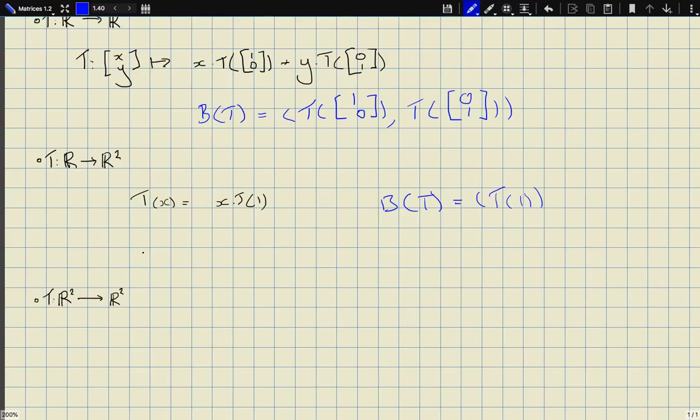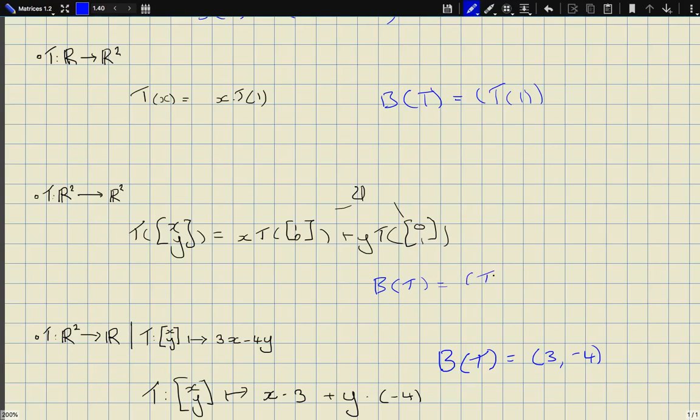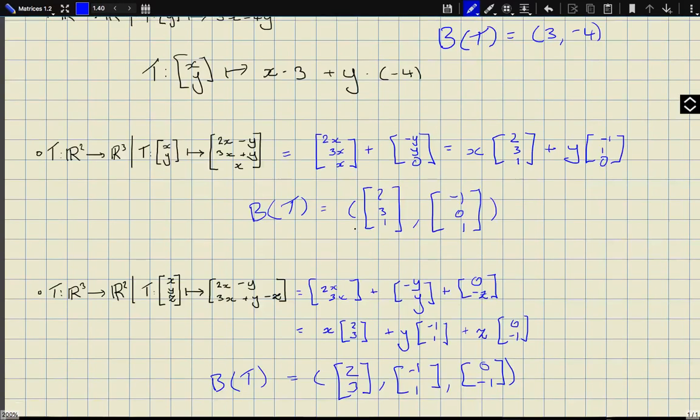Similarly down here, with our transformation from R squared to R squared, we still have that T of (x, y) equals x T of (1, 0) plus y T of (0, 1), but now these two here are actually two-dimensional. So these are actually vectors because T maps from 2 dimensions to 2 dimensions. So now the basis of T is equal to T(1, 0), T(0, 1), and these are actually vectors now instead of up here where they were scalars, because here you can see that T maps from R squared to R. Okay, brilliant.